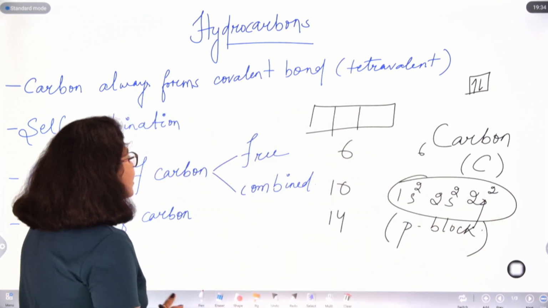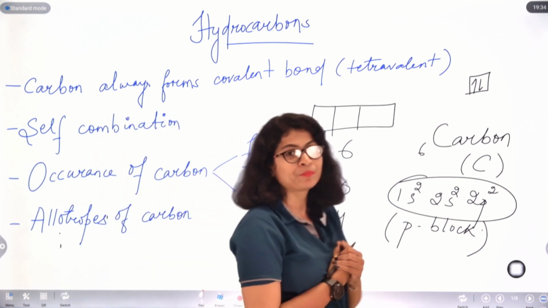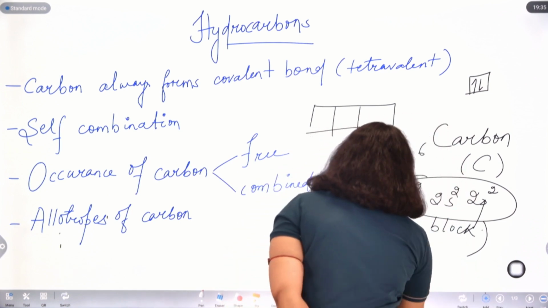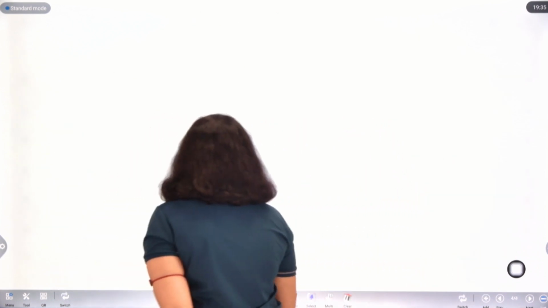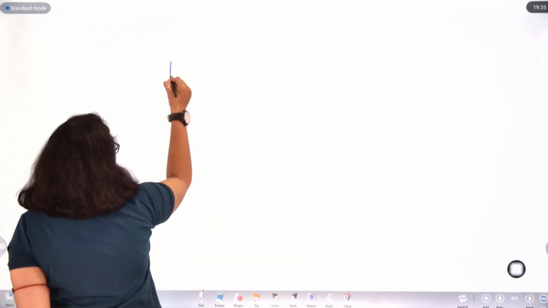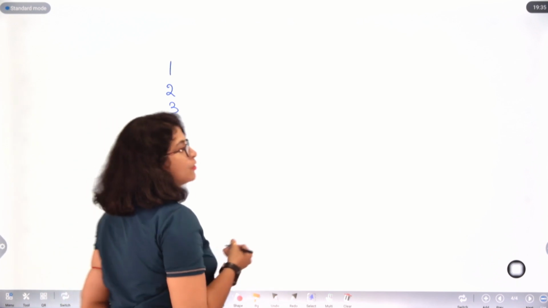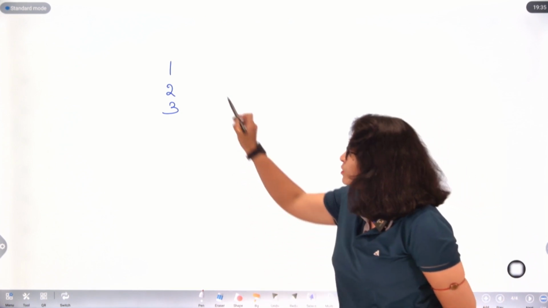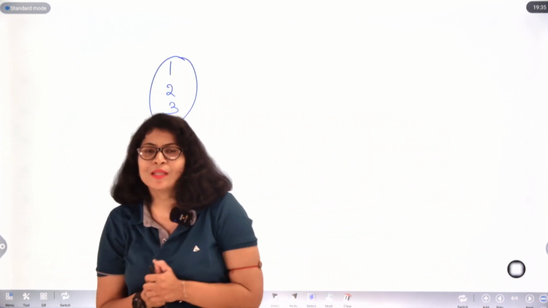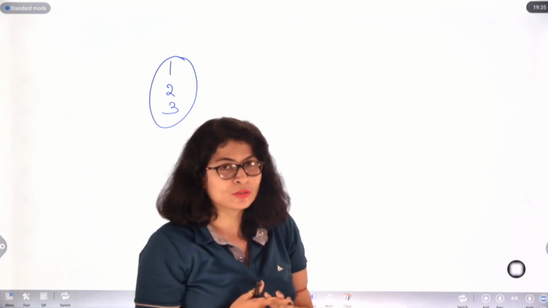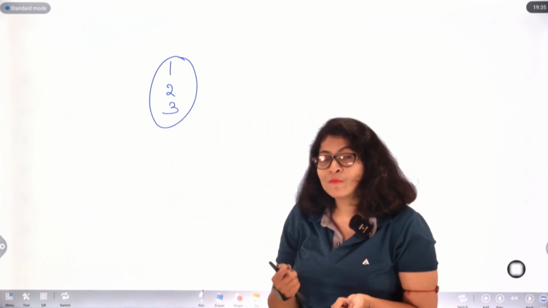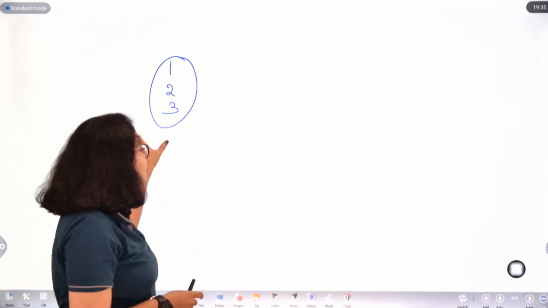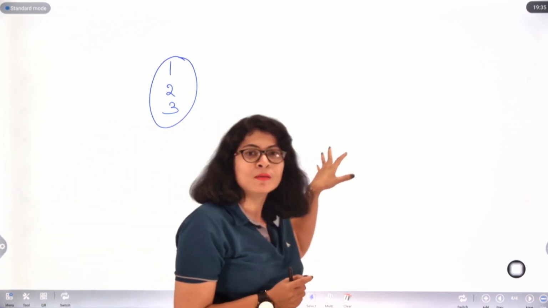The first point is what kind of bond carbon will form. What we learnt before is that if a particular atom has 1, 2 or 3 electrons in its outermost shell, it prefers to lose these electrons to develop a charge of +1, +2 and +3 respectively, and this characteristic was typically shown by metals.